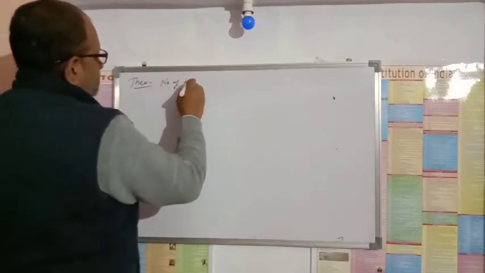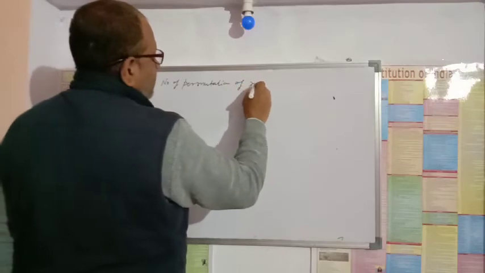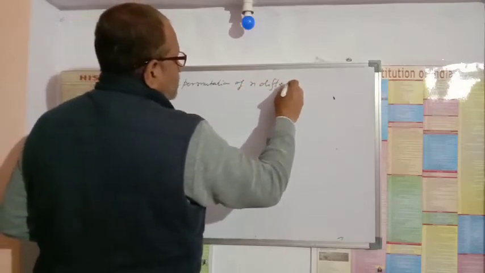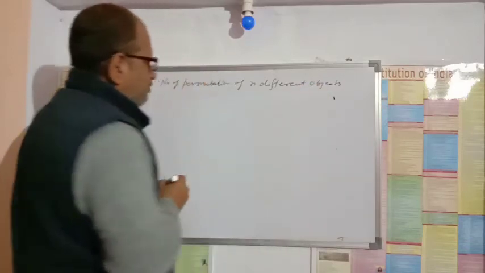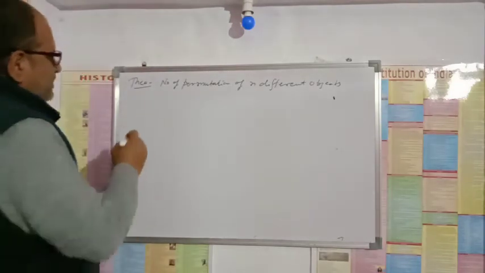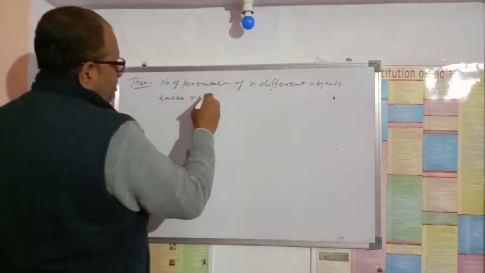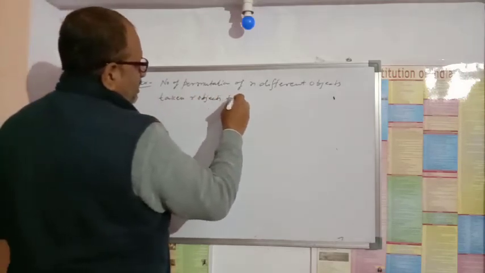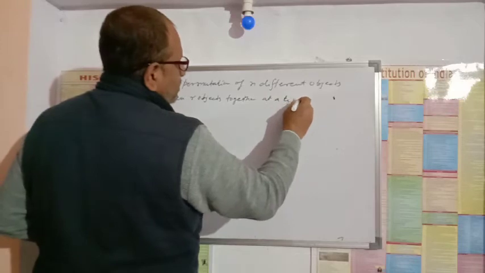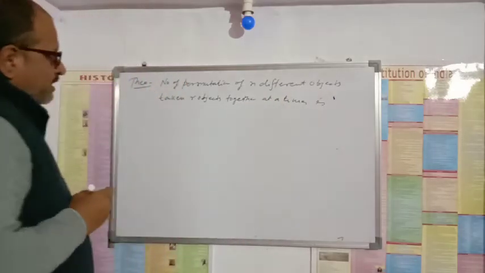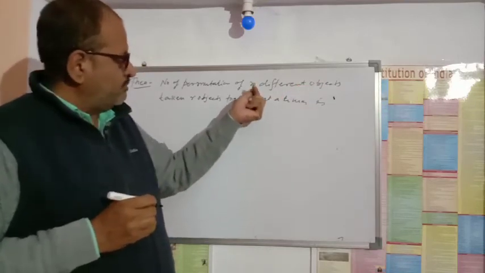Number of permutations of n different objects taken r objects together at a time is... Total objects is n.